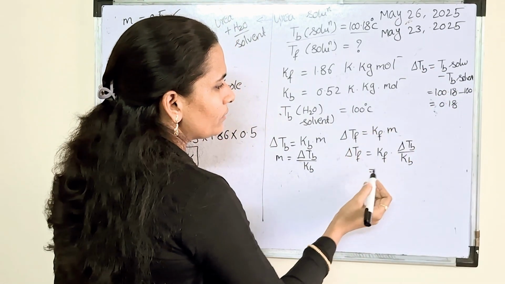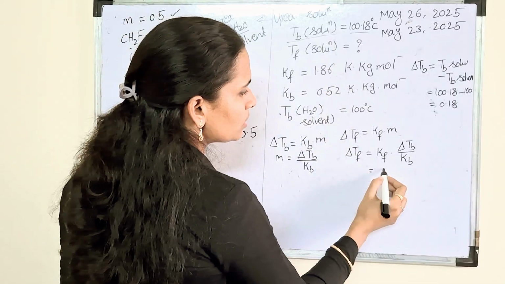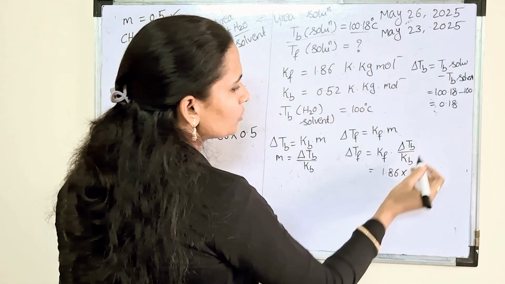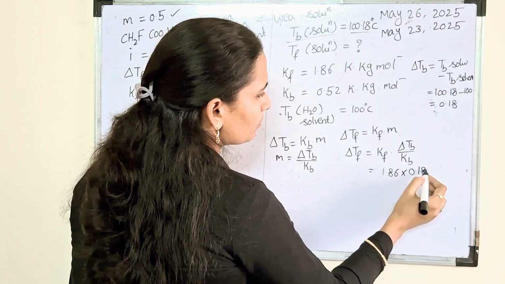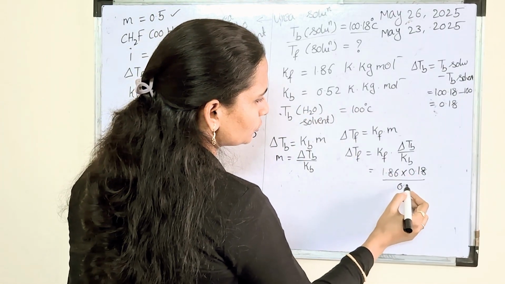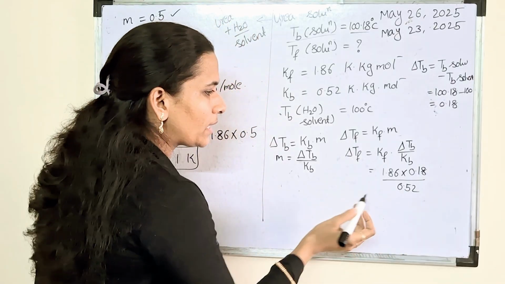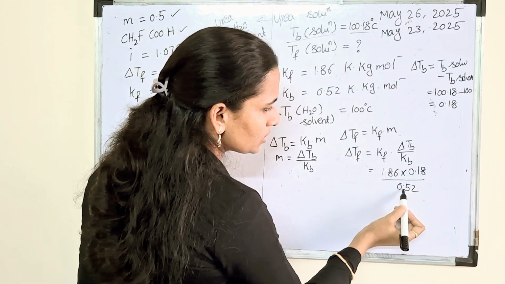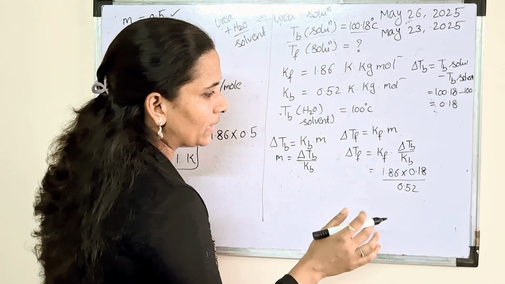So now substitute all the values. KF value is 1.86 into delta TB. Delta TB we got 0.18, by KB. KB is 0.52. Observe this calculation: 0.18 has two places after the point, and here also two places after the point, so the point will be cancelled.